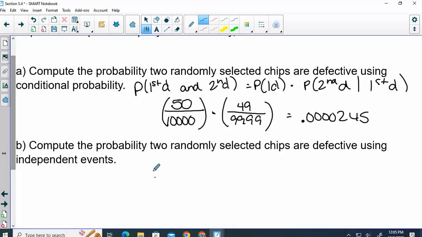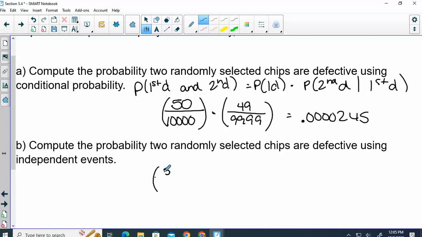All right. Compute the probability that they are defective using independent events. What does it mean if they're independent? Right. Maybe I have 2 people that are both checking the shipment, and they each just go in and select one and test it. Is it possible that they selected the same one? Yes.